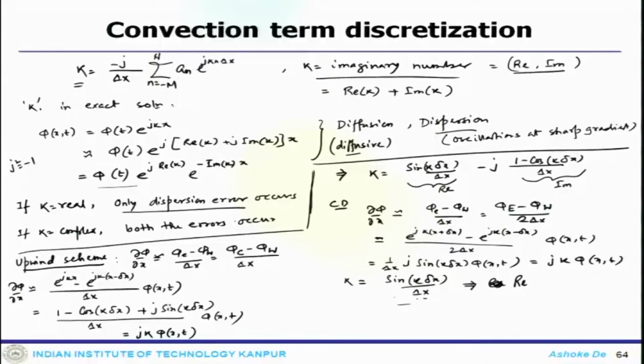Now, once we have an idea about these different errors, numerical dispersion, it is quite desirable to develop a convective discretization scheme which is non-oscillatory and of higher order accuracy.